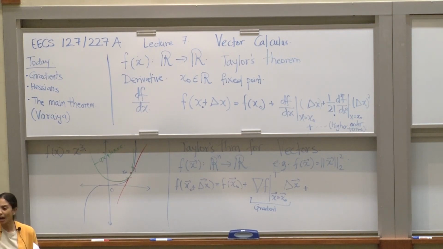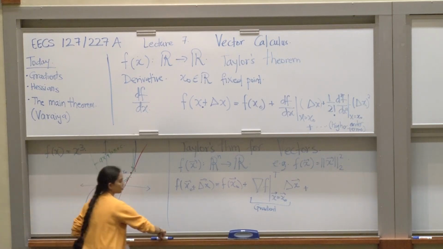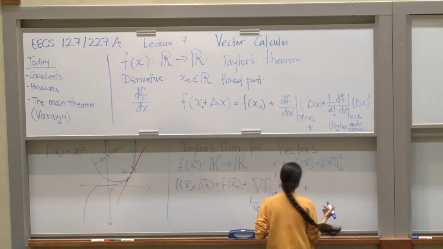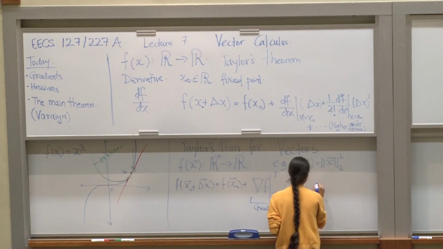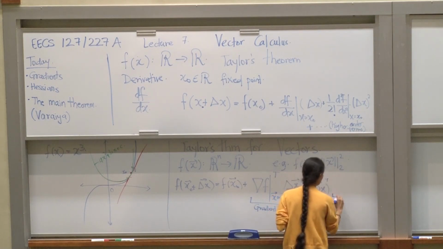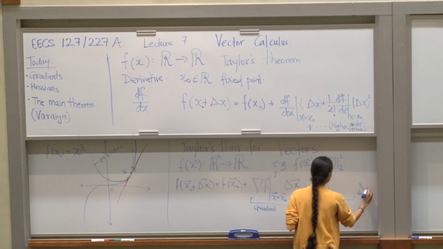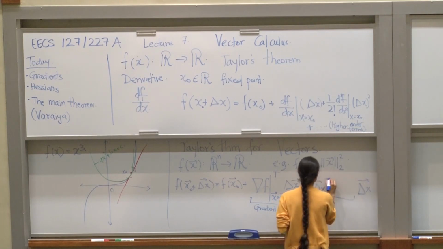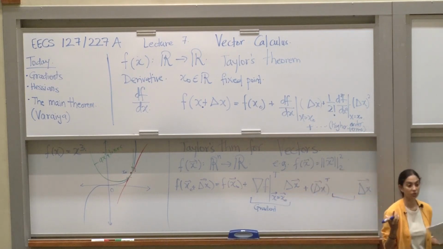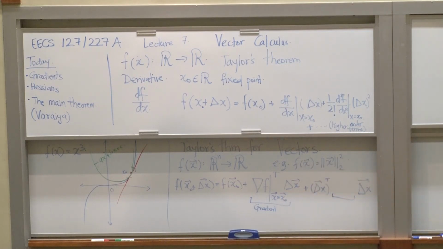No. What is the parallel to a quadratic term? x transpose ax, right? So I want to have something here of the form delta x transpose times something times delta x. The generic quadratic term when you're talking about vectors is of the form x transpose ax.